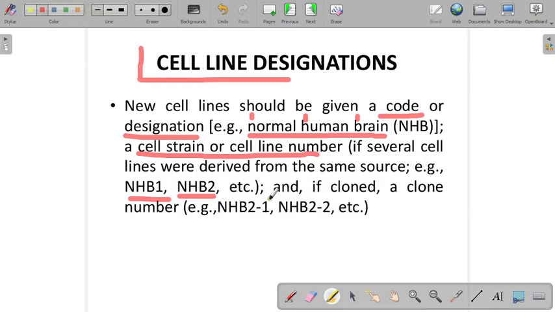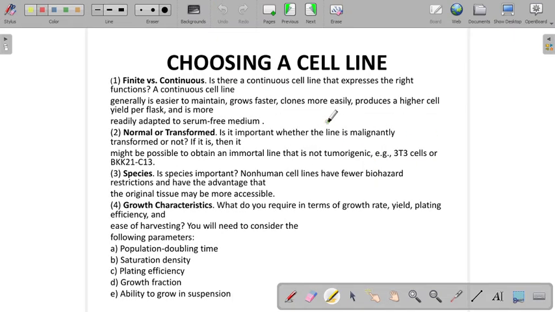If we clone that particular cell line NHB1, we are cloning again, then the clone number should be given after a dash, right? NHB2-1, NHB2-2, right? They both are clones, NHB2 cell line is there, but they are different with the cloning procedure. I hope you have understood the designation, or how we generally tag the cell lines and designate the name.